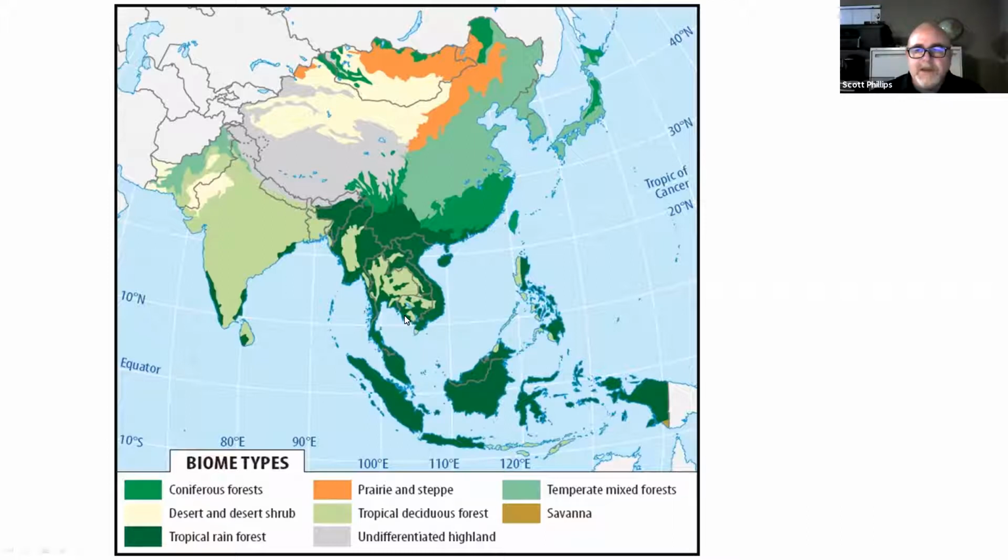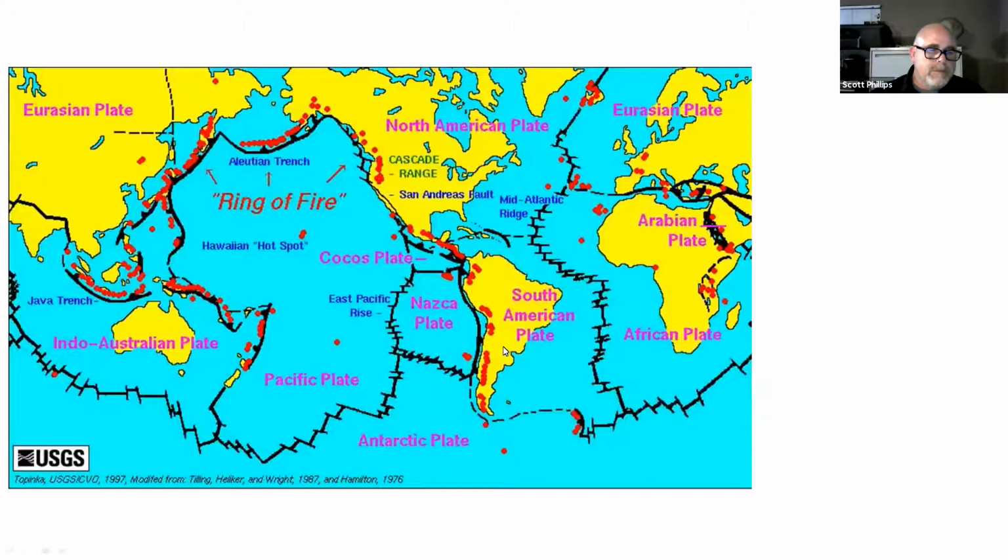But this part is like the Amazon basin and Central Africa, another example of a place in the world with tropical rainforests. Now, many of those rainforests have been removed for agriculture, but under natural conditions, this is what we continue to have in many parts of Southeast Asia. So we have a tropical environment.